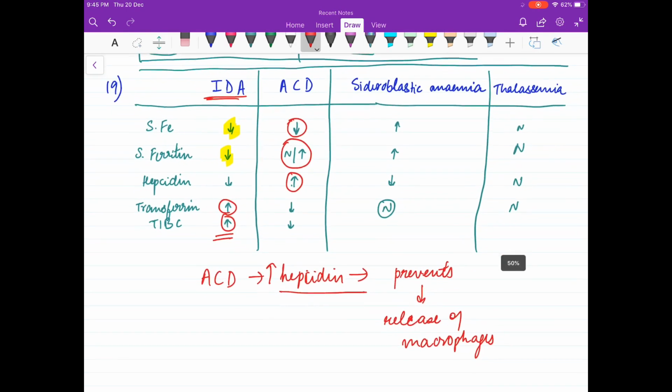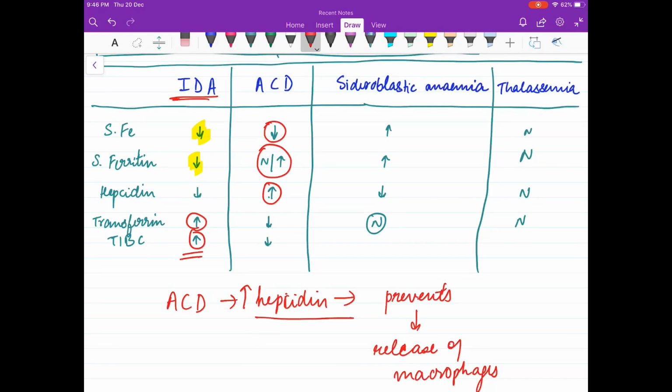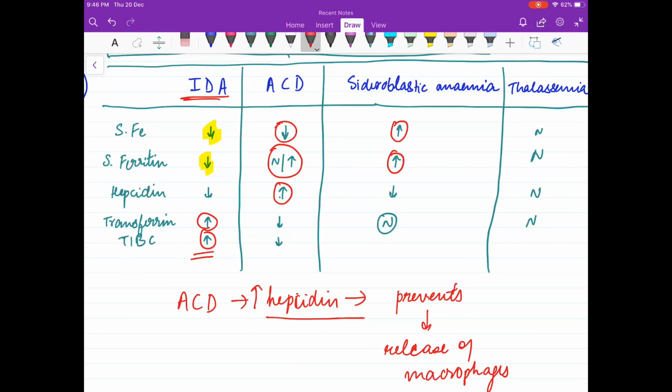In sideroblastic anemia, what is happening is that iron is not able to combine with the protoporphyrin for heme synthesis. So the serum iron is increased. When the serum iron is increased, the serum ferritin will also increase, but it has little to do with hepcidin.